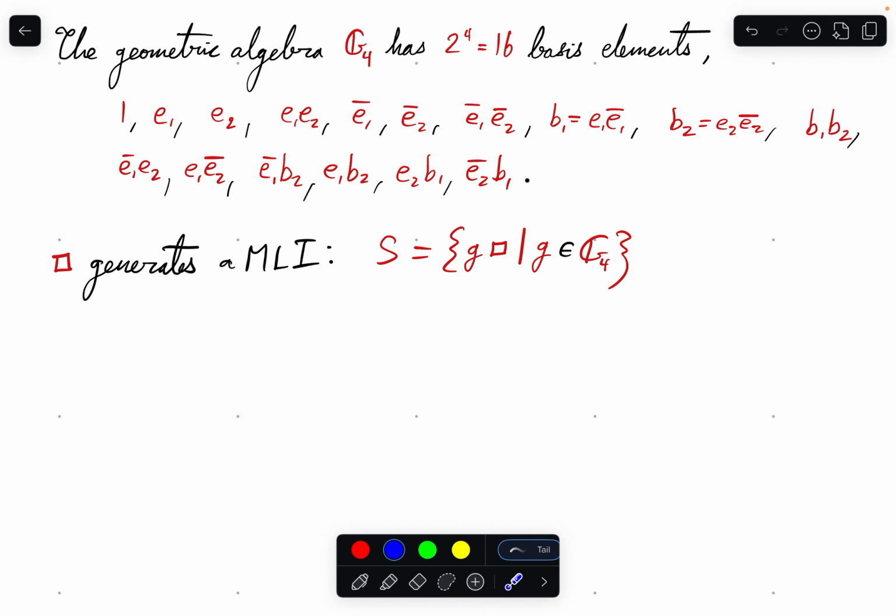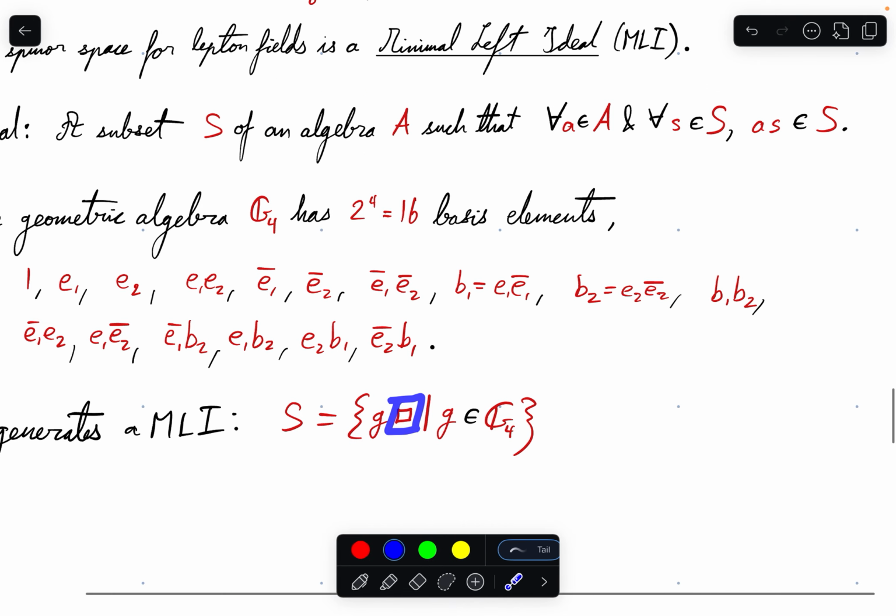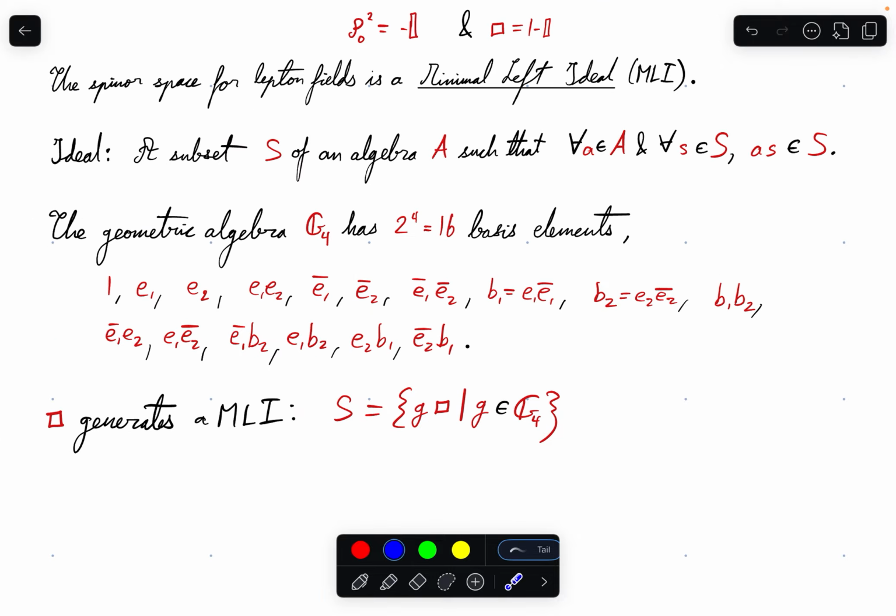And this is the element of the ideal such that any object in the algebra times it is still going to be in the ideal. And so box is something that generates this.